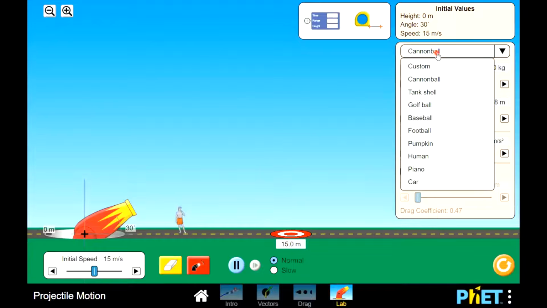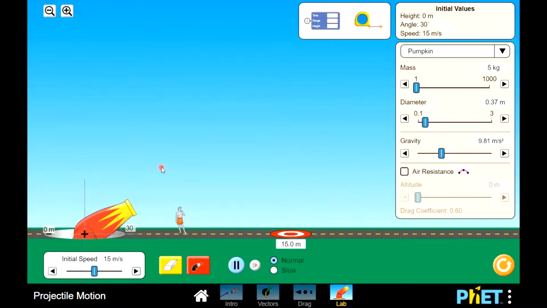For example, ang laman ng ating cannon ay pumpkin. So, let's try to simulate kung ano magiging itsura ng kanyang trajectory. Again, ang ating initial value, nagsimula tayo sa ground, so height natin is 0. This is the y sub o or the x sub o also.